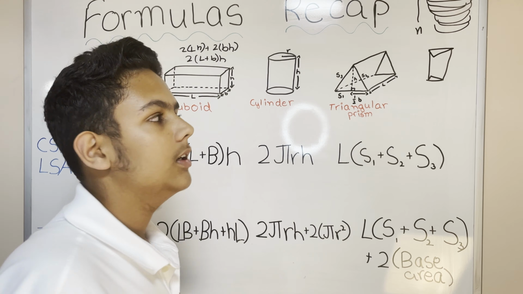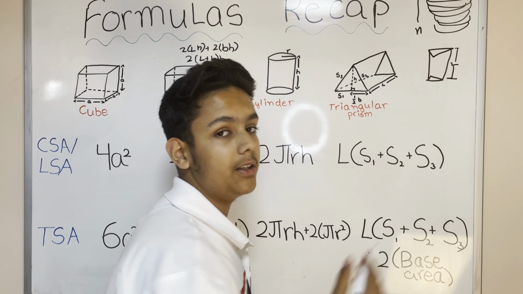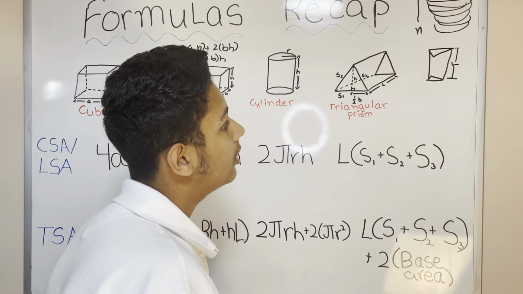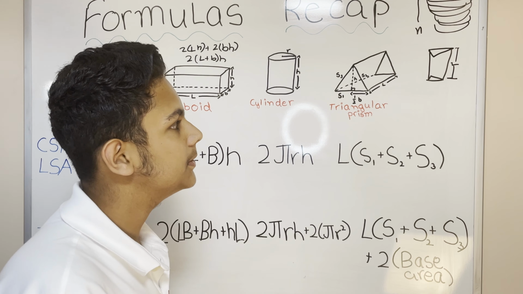So in order to get that, we can follow the same method as the ring one. If I put more triangles on top of each other till L length, till L height, we can get all the lateral surface area of the triangular prism.